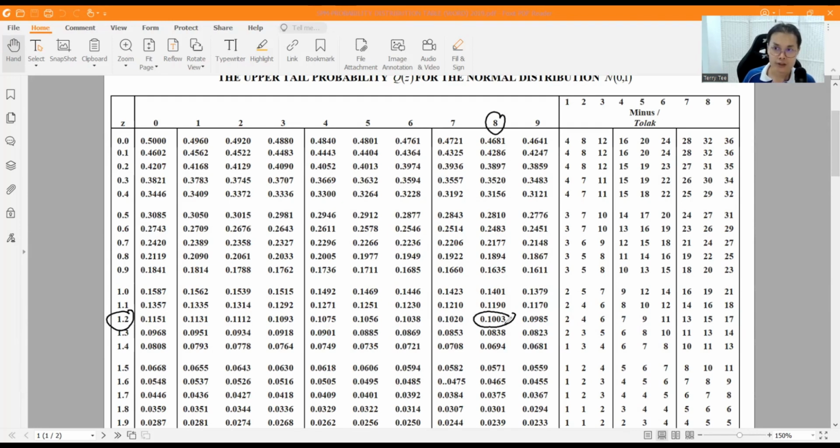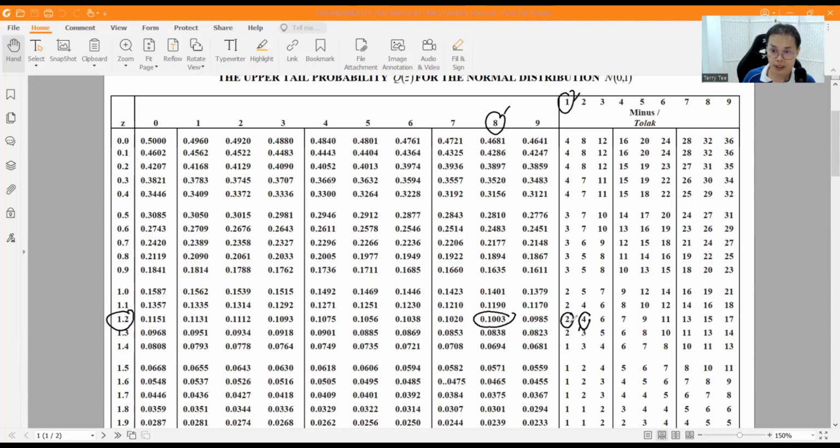Now, I need to subtract 3. To subtract 3, you either use 2 or use 4. In this case, both are okay. If you subtract 2, it's 0.1001. If you subtract 4, it's 0.0999, so I think maybe I just use the first one. If you read from here, you get 1.281.